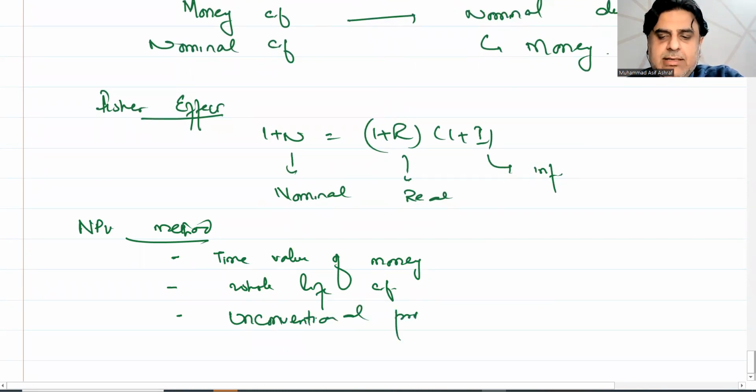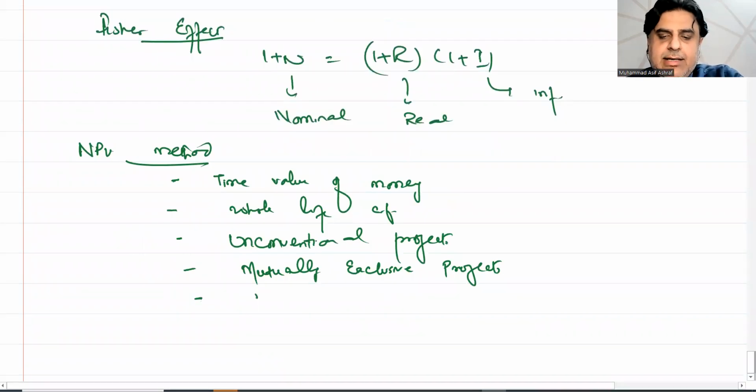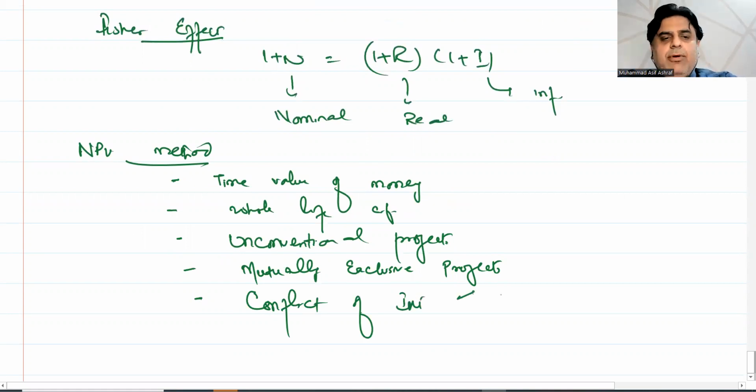This technique is used where you have a situation of mutually exclusive projects, then the conflict of interest is resolved, because you will take the project which will give you the higher NPV, and this is the objective of the shareholders.